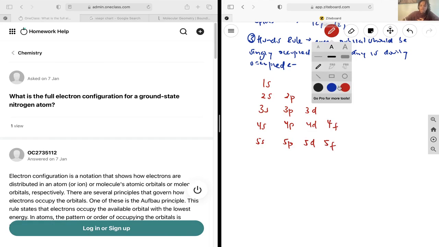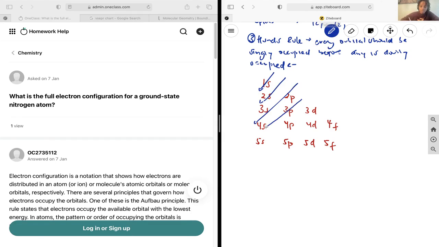How we're going to fill it is you always fill 1s first, and then 2s, and then 2p, followed by 3s, 3p, and 4s, and then 3d, 4p, 5s, 4d, 5p, 4f, 5d, 5f.